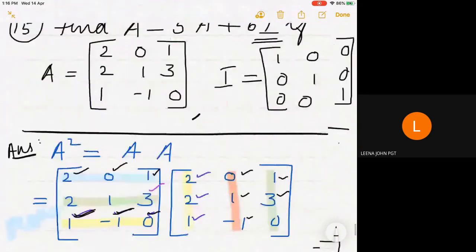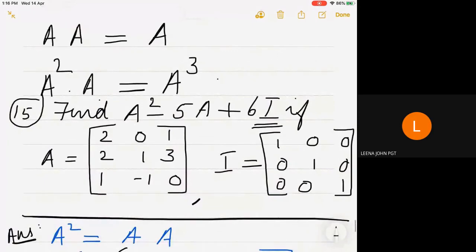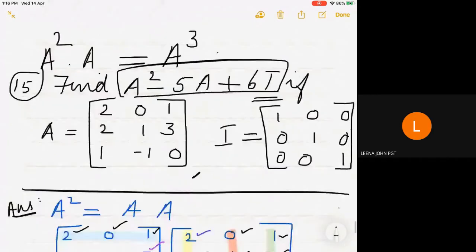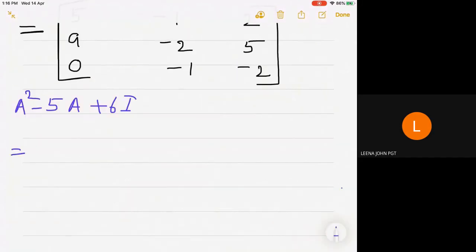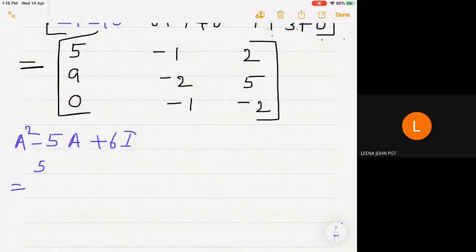So we got A square. Now come to the expression A square minus 5A plus 6I. A square is 5, minus 1, 2, 9, minus 2, 5, 0, minus 1, minus 2. This is A square.